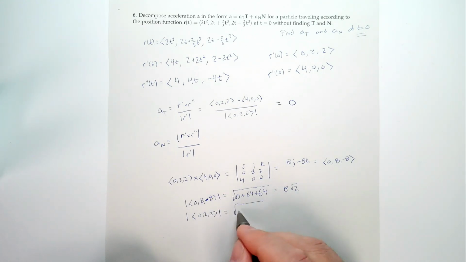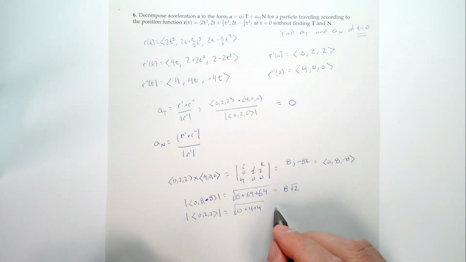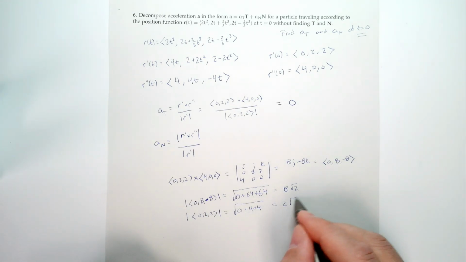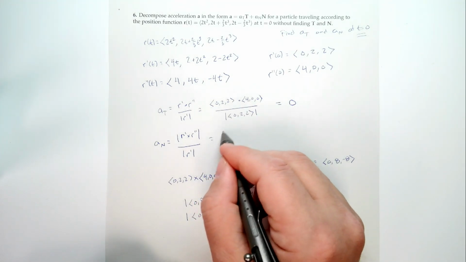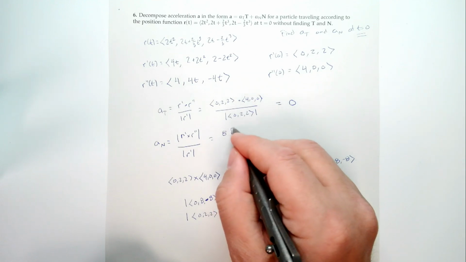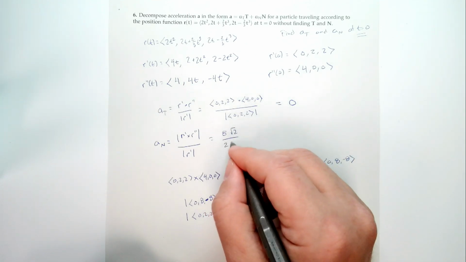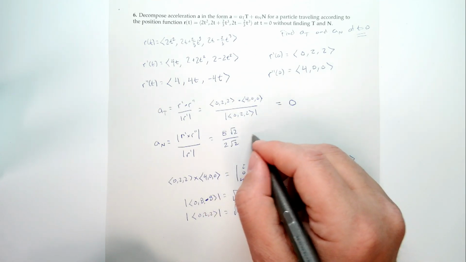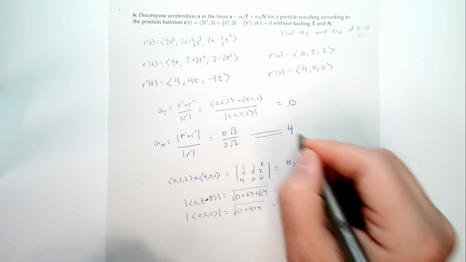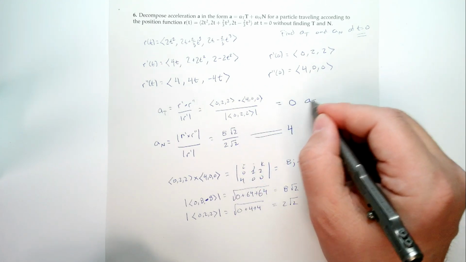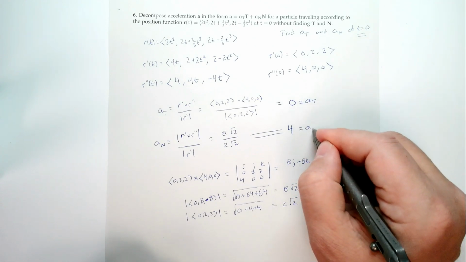Well, that's the square root of 0 plus 4 plus 4. Again, you can pull the 4 out. Square root of 4 is 2, and there's a square root of 2 left. So, this becomes 8 times square root of 2 divided by 2 square root of 2, which leaves us with 4. So there's our answer. a sub t equals 0, and a sub n equals 4.